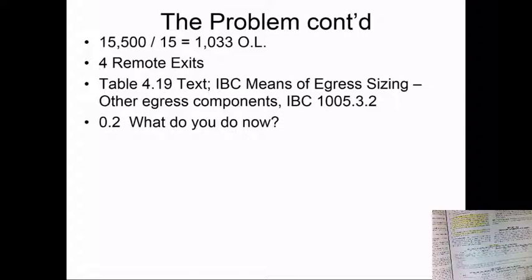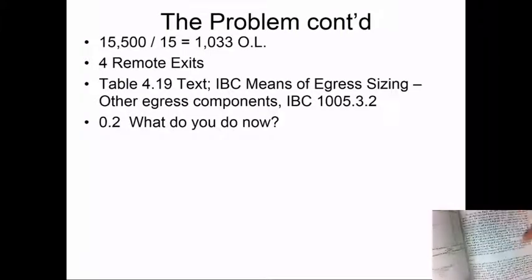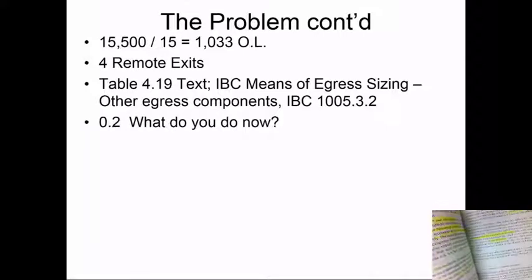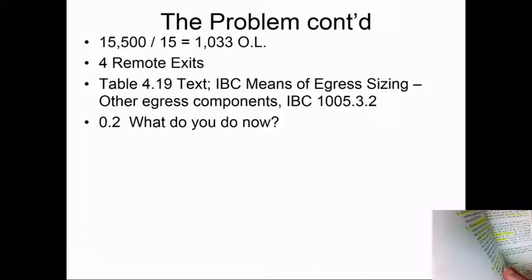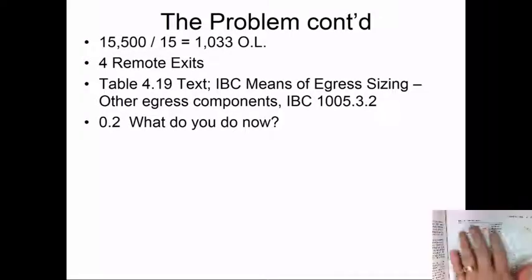So if you go back and look in your text at table 419, you're going to see this particular table, which comes out of the Life Safety Code book, which is a great table, but you find it in written format in the IBC code book.